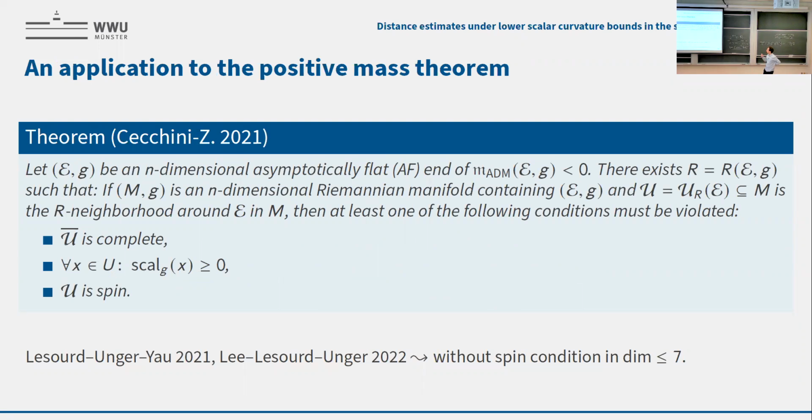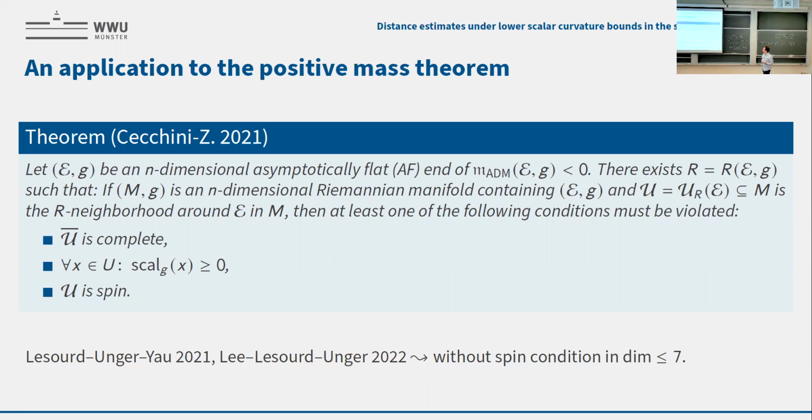If you plug these ideas into Witten's proof of the positive mass theorem, then you can also derive some distance estimate, and you can deal with the positive mass theorem with arbitrary complete ends, as was mentioned yesterday.